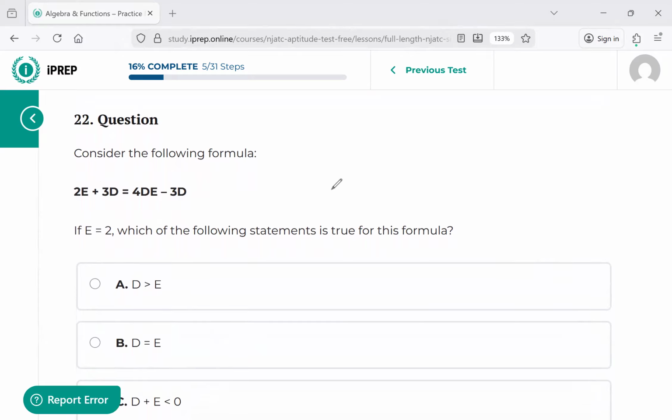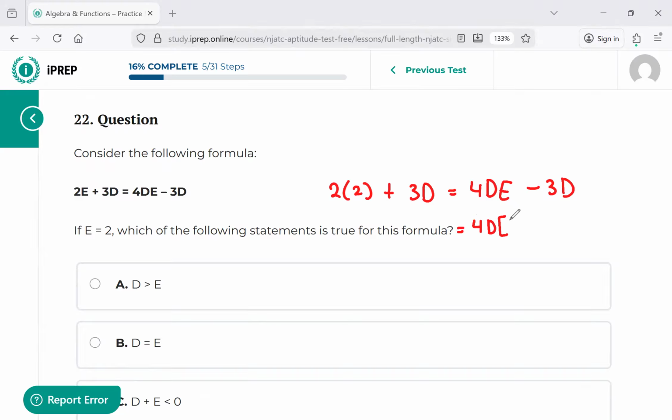Let's do that. We have 2 times e, which is 2, plus 3d. Oh, you can replace this e with 2, so it's 4d.